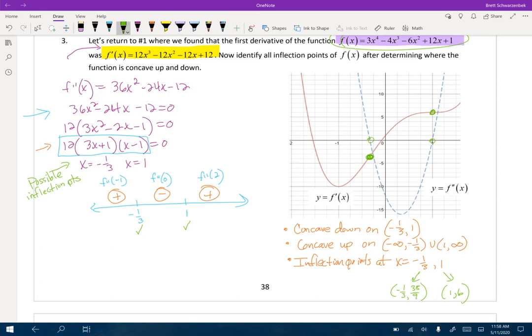So let's look. It says that we are concave down from -1/3 to 1. Well, that sure looks like the curvature is facing down. It says that we are concave up from -infinity to -1/3. Well, that appears right.